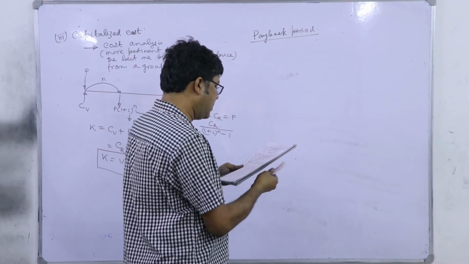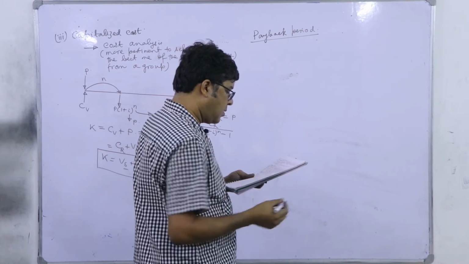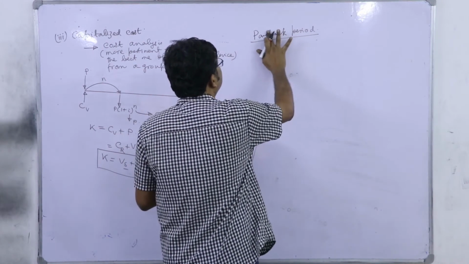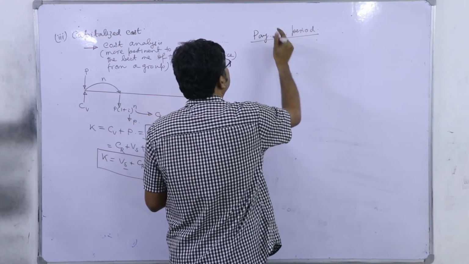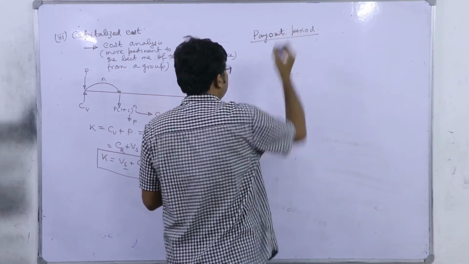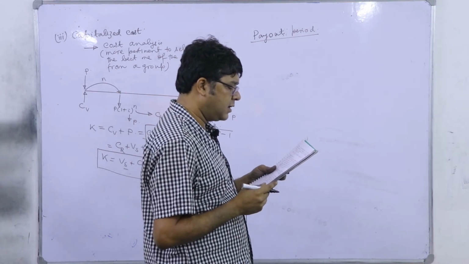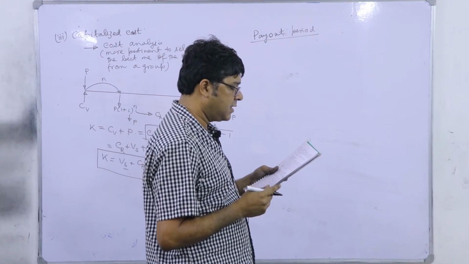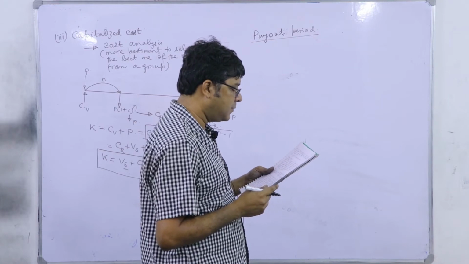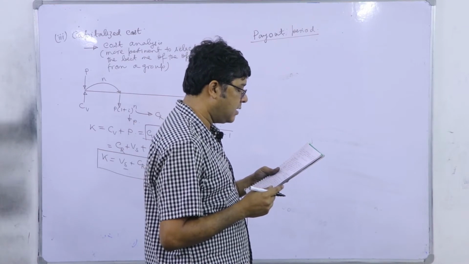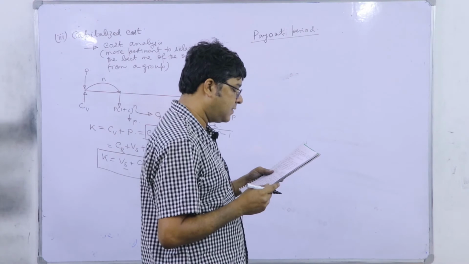Payout period or payout time. Let's write payout. Defined as a minimum length of time theoretically necessary to recover the original capital investment in the form of cash flow to the project based on the total income minus all cost except depreciation.